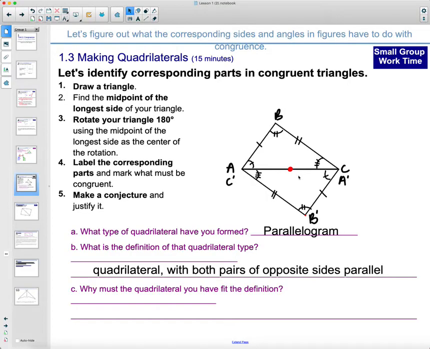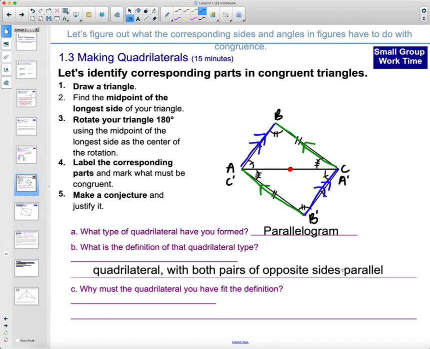So why must this one fit that definition? Well, when we do a 180-degree rotation, which we did around this midpoint, it forces the original figure and its image to be parallel to each other. So that 180-degree rotation forced this side to be parallel to this side and also forced this side to be parallel to this side.